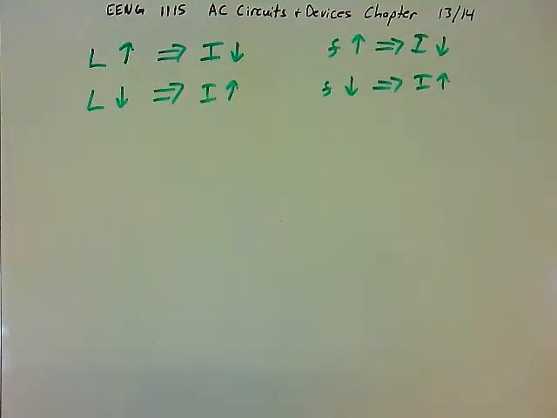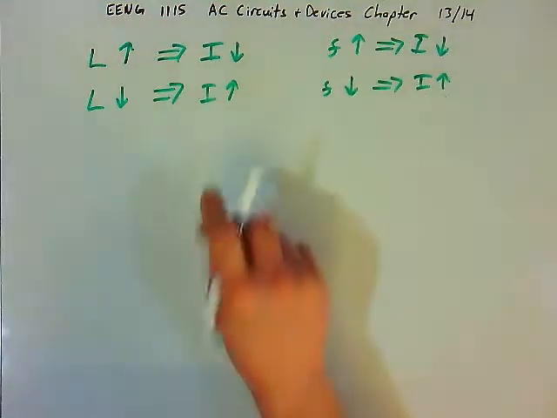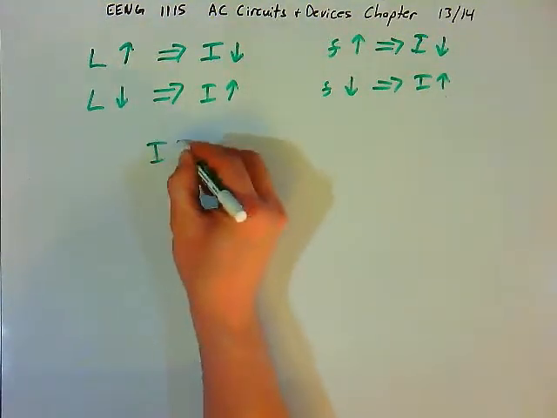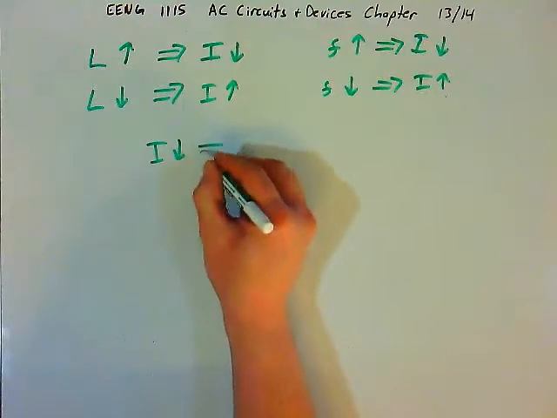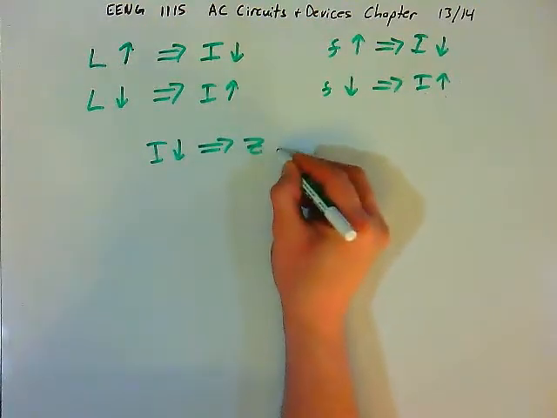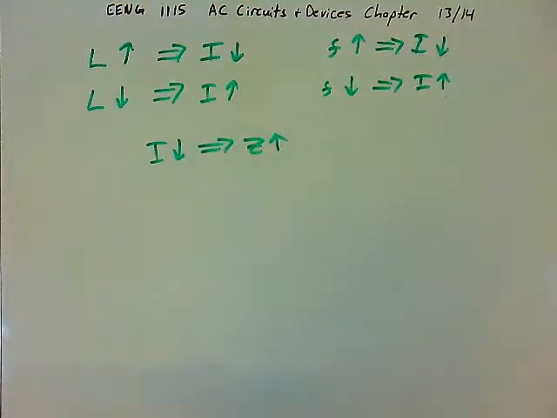And so what does that say about the impedance? What does that say about the impedance? Well, if the inductance is small, that means that the impedance must be high, right? Impedance is sort of like resistance, but in an AC circuit dealing with inductors. It's measured in ohms still.